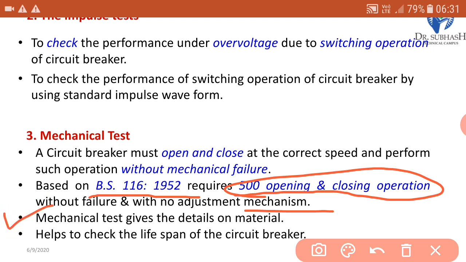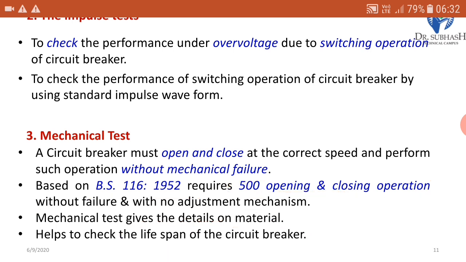So the mechanical test gives details on material and helps to check the lifespan of the circuit breaker. So the mechanical test is done for these reasons, particularly for checking the lifespan.